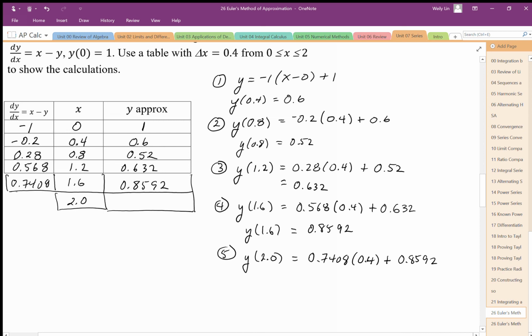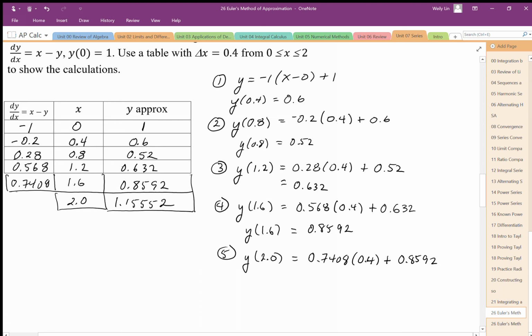This is my last calculation for the last coordinate: times 0.4 plus 0.8592. I'm going to get a final position of 1.15552.